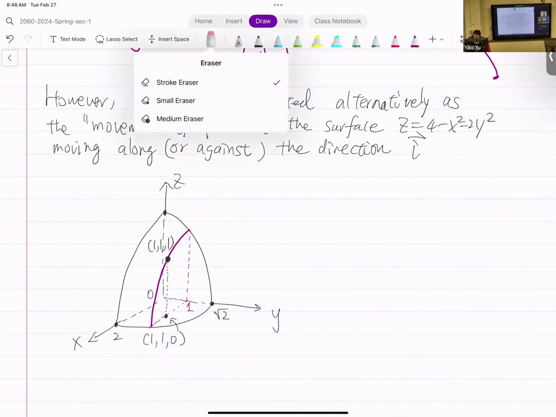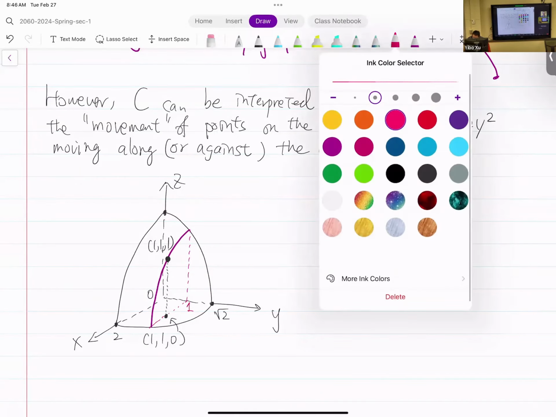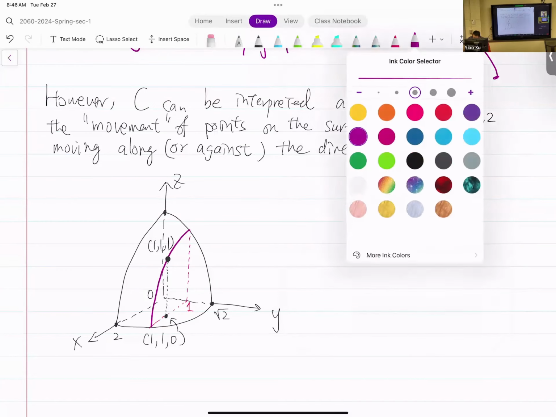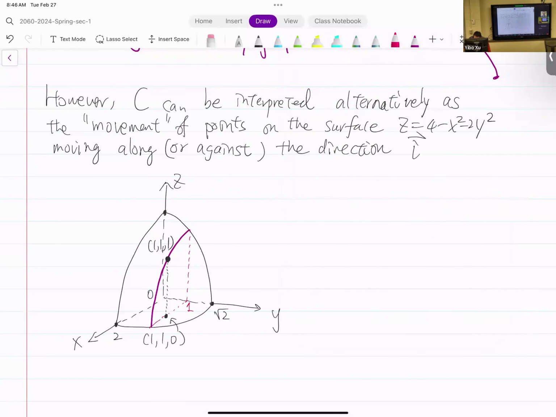So essentially, let me erase the point. Yeah, let me not erase the point. So basically, the idea here is that let me make it even fatter. So basically, we can move along this direction.